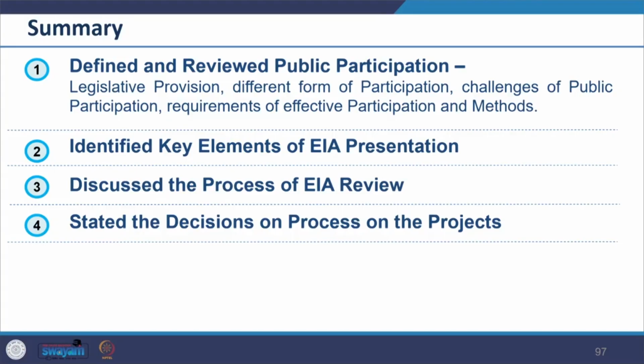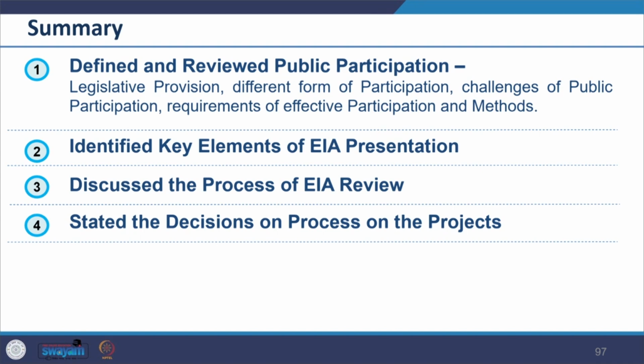So winding up what we really did in this session, we looked at the definitions of public participation. We looked at the legislative provisions which countries might have, and then different forms of participation, challenges, and the effective methods of undertaking it.